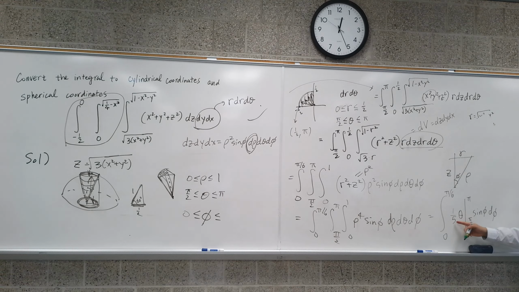Integral of sine is negative cosine. Cosine of pi over 6 is square root of 3 over 2. Cosine 0 is 1. So it's 1 minus this. So the final answer is pi over 10 times 1 minus square root of 3 over 2. I think, yeah, that's the answer.